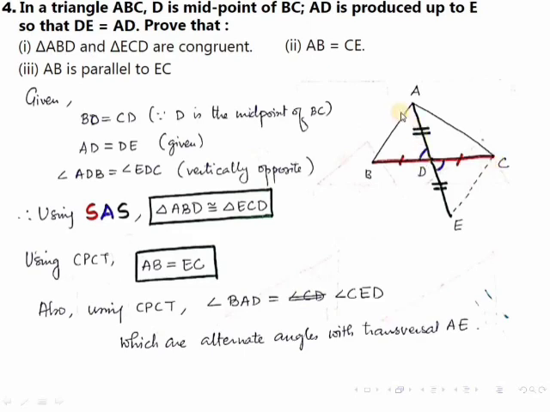So basically I can say that angle A and angle E are alternate angles, with AE as the transversal. Since angle A and angle E are equal, AE acts as the transversal, and that's why AB and CE become parallel to each other. So I'm writing AB is parallel to EC in this case.